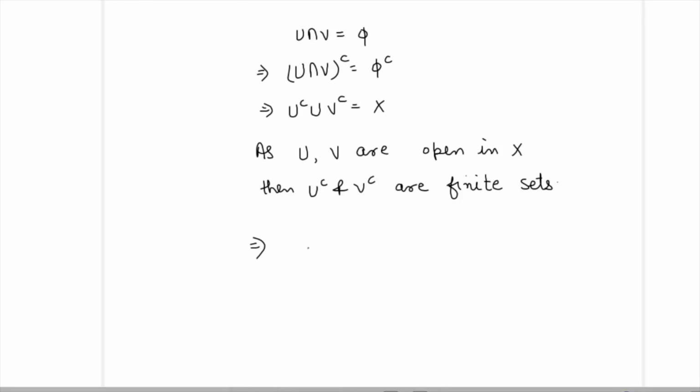Which implies that U complement union V complement is a finite set which is equal to X. So it is a contradiction, because it is given that X is an infinite set.